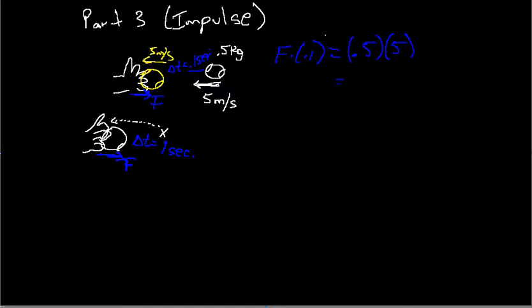So this is going to be 2.5 divided by 0.1, so F is 25 newtons. To stop the ball in 0.1 seconds, which you do if you don't go with the ball, your hand's got to exert a force on the ball to slow the ball down and stop it from 5 meters per second to 0.